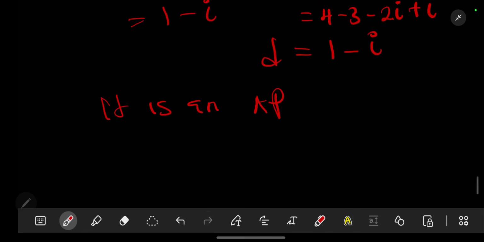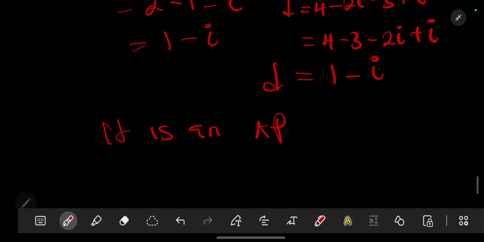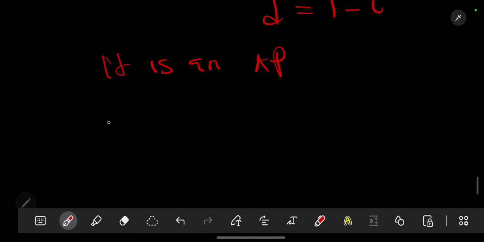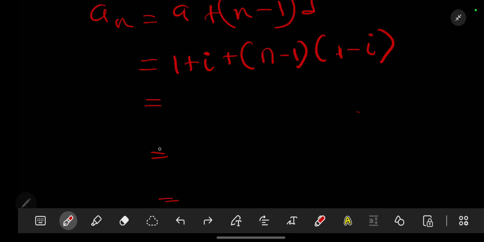So after that, what are we going to do? We are going to find the nth term, which is a plus n minus 1 d. So let us multiply. So we have 1 plus i plus n, open brackets, 1 minus i, then this negative 1 multiplies everything, so we have 1 minus i.